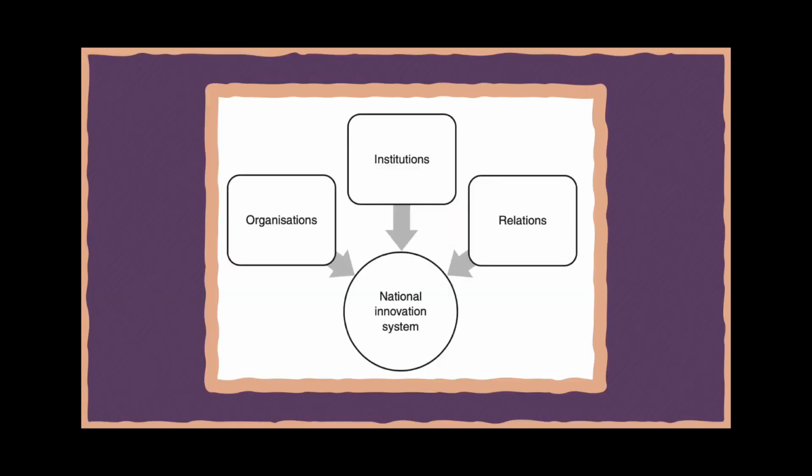And therefore, in studying national innovation systems, we talk about the organizations involved in making an innovative culture in a certain economy. We talk about the different institutions that foster innovations, and we talk about the relations that these organizations and institutions have with each other, in terms of how easy or hard it is to come up with new innovations.